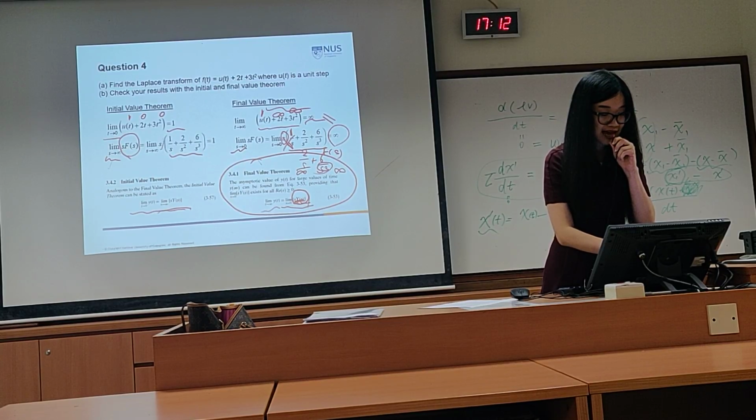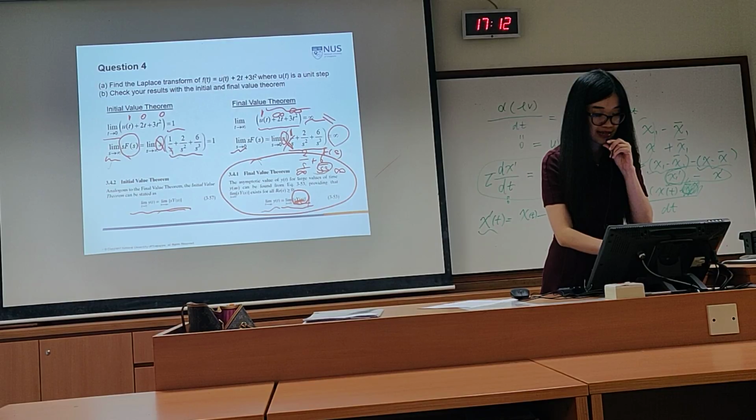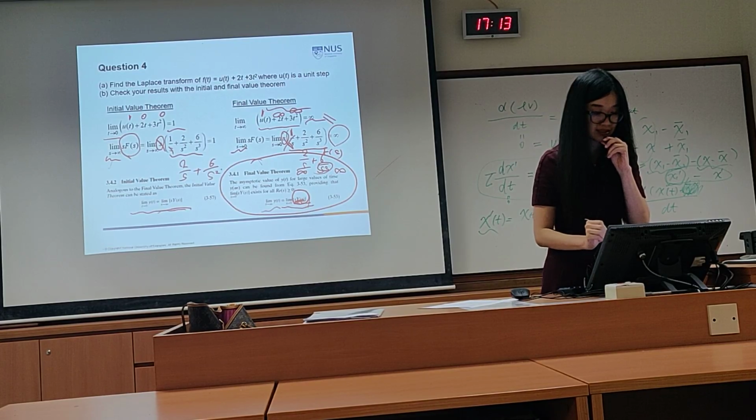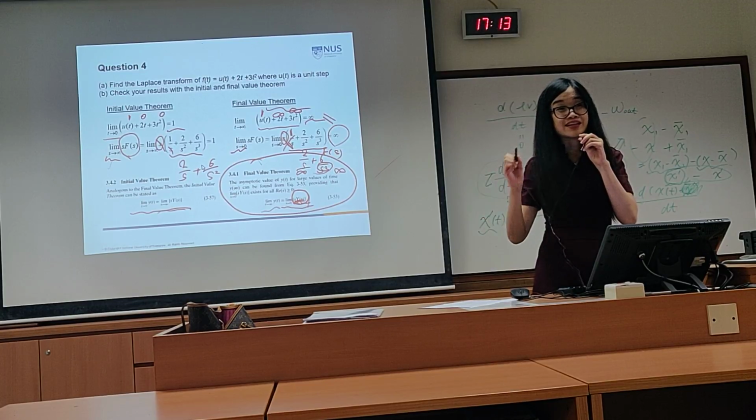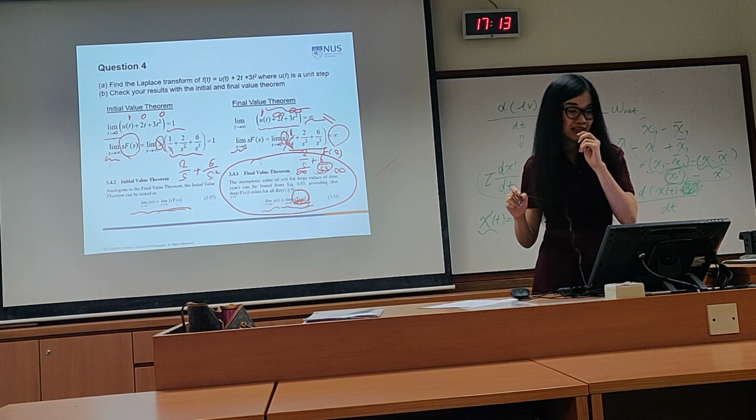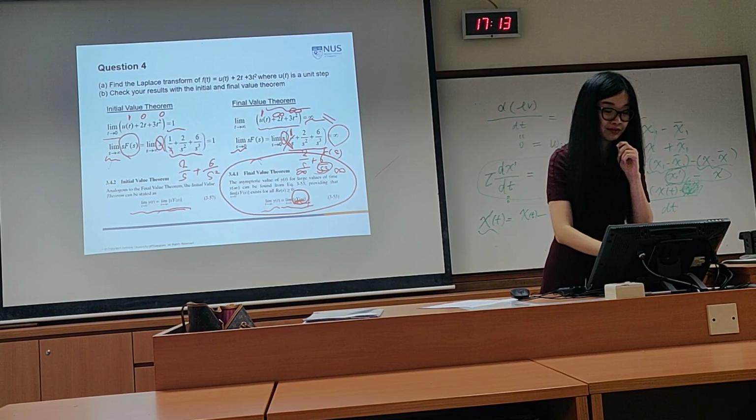So again, this is s multiplied by the whole term. Then you cancel s with the first item, and the second item becomes 2 over s plus 6 over s squared. And when your denominator goes to positive infinity, the whole term has a value of 0.